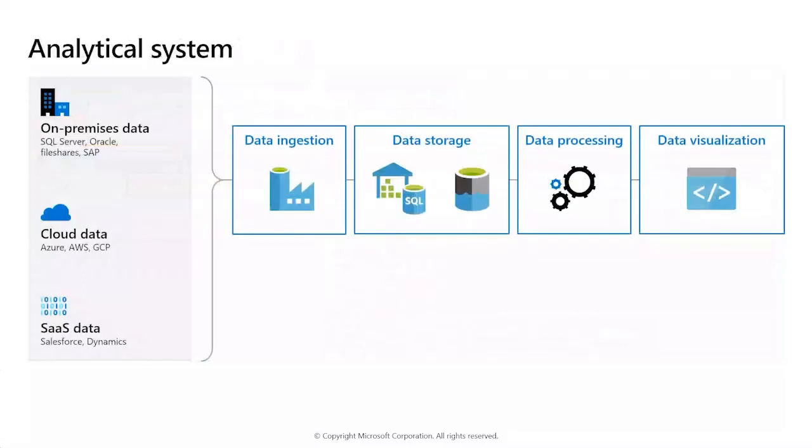Some of this data can also come from your OLTP systems or your relational databases from on-premises. To process and analyze this data, we must first store it in some repository. This repository could be a file store, a document database, or a relational database.